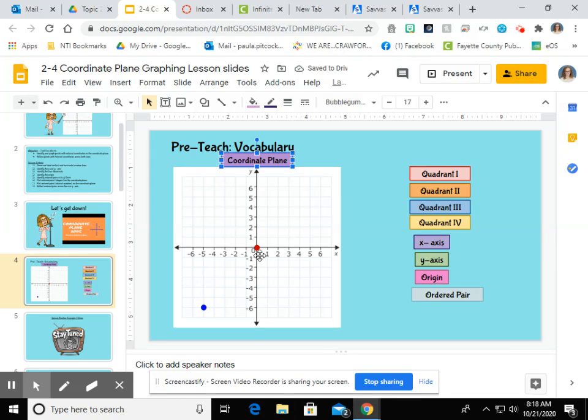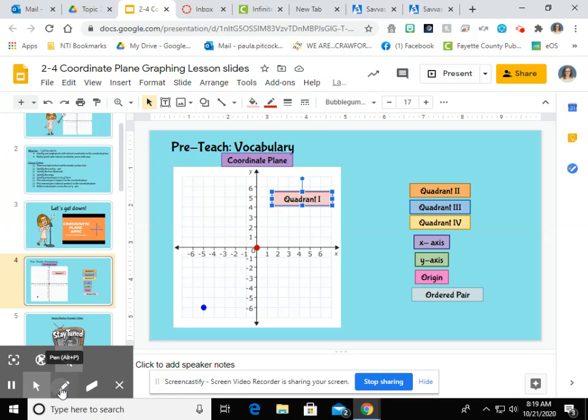Now, each of these four sections that are created by the intersection of the two number lines are quadrants. The one that you dealt with in elementary school is quadrant 1. Okay, quadrant 1 is where everything's positive. You go over and up. Now the quadrants go counterclockwise.